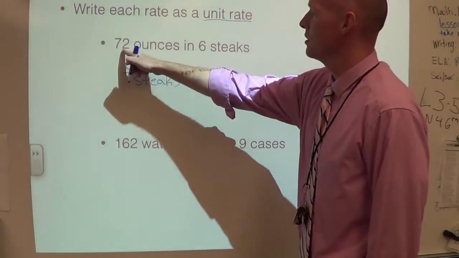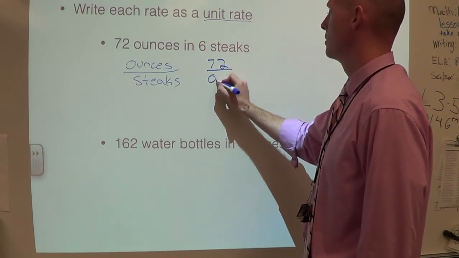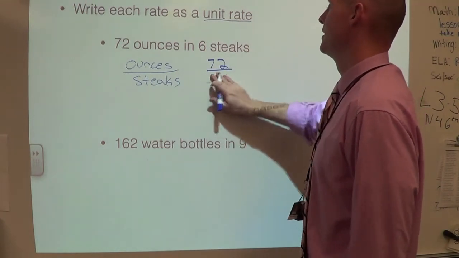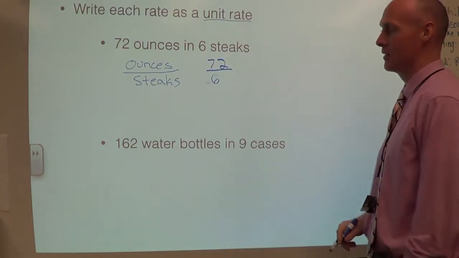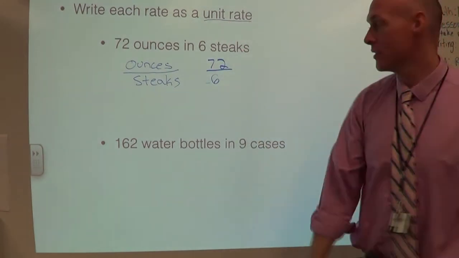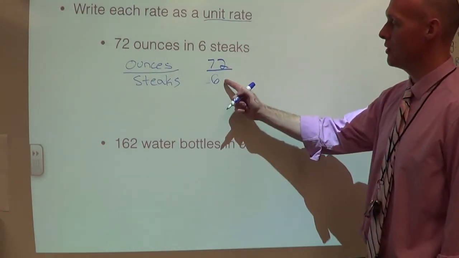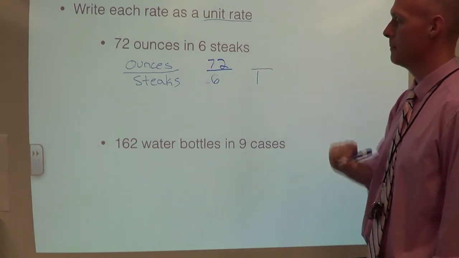How many ounces? 72 ounces and 6 steaks. Perfect. It wants to know what a unit rate is. So, if we have 72 ounces to 6 steaks, we want to do it as a unit rate, so it's got to be over 1.